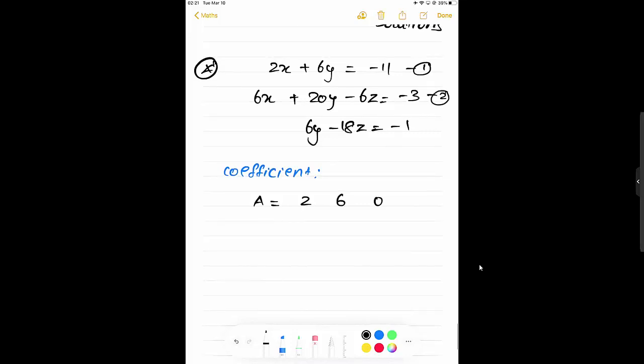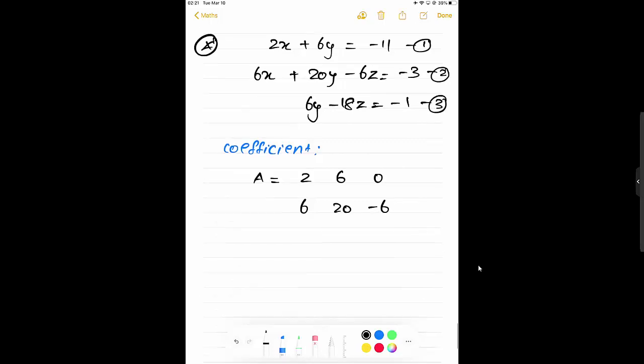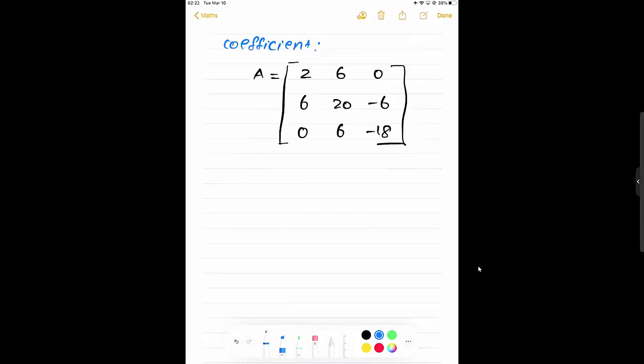Then for equation 2, the value of x is 6, the value of y is 20 and the value of z is minus 6. And for the third equation, there is no x value, you can put it as 0, and y is 6, z is minus 18. Matrix A, so we wrote the coefficient.